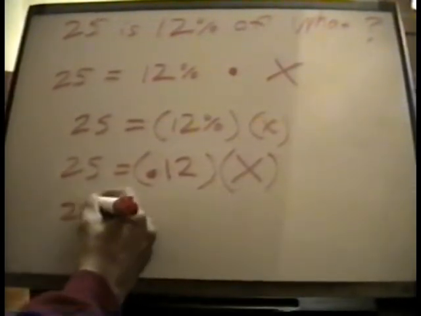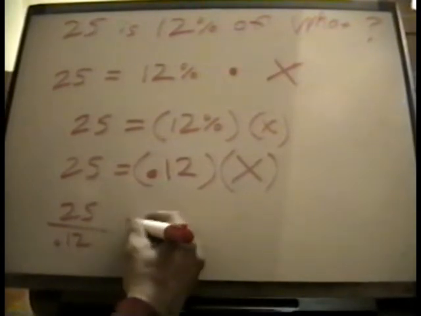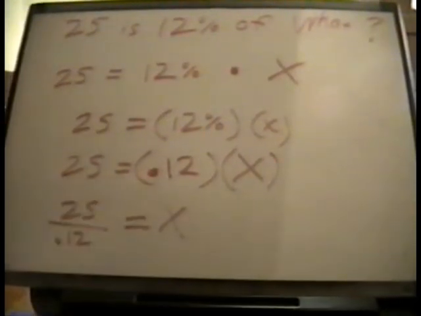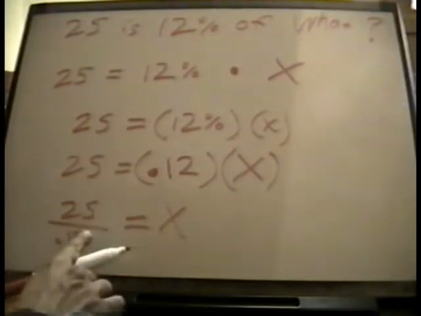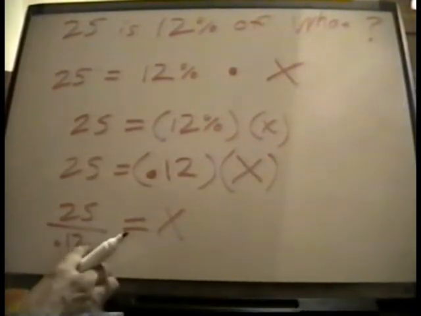Now you're going to get 25 divided by 0.12 equals x, or x equals 25 over 0.12. Now you still have a decimal number in a division. Remember how I told you to handle fractions that contain decimals in either the numerator or the denominator.